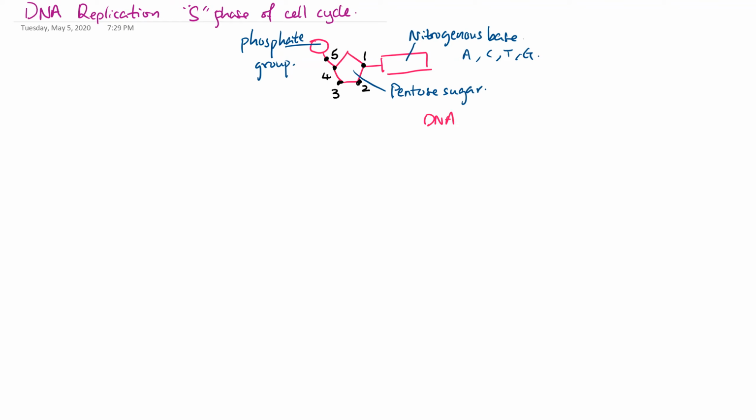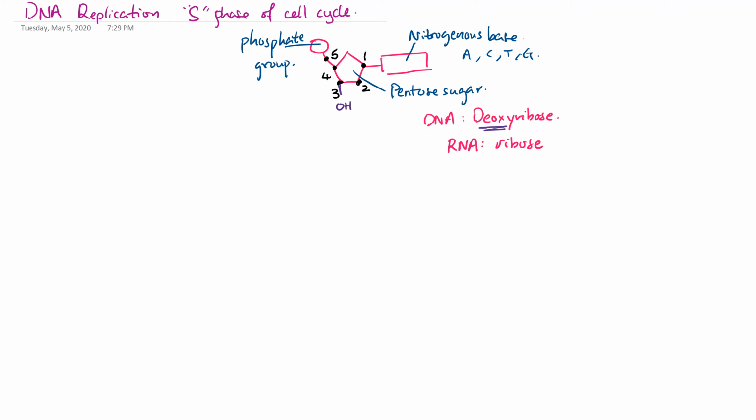A DNA nucleotide is made of a deoxyribose sugar, while RNA is composed of a ribose sugar. Okay. They both have an OH at carbon 3, but for DNA, it says deoxyribose.